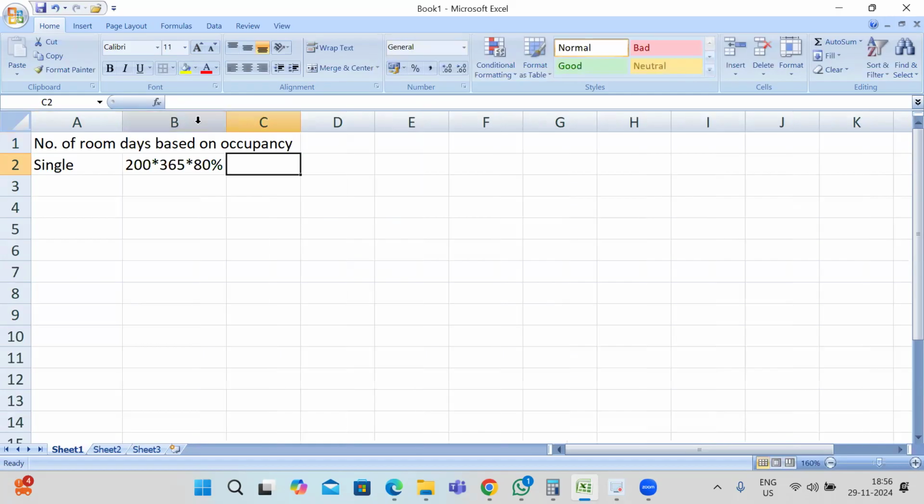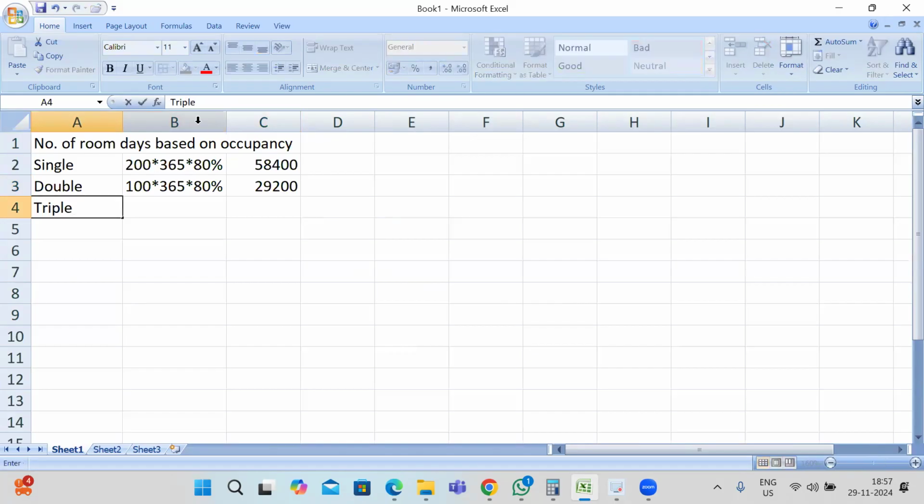So I will be getting 58,400 room days. For double rooms, it is 100 rooms into 365 days. Occupancy is 80% for double rooms as well. So I will be getting 29,200 room days.